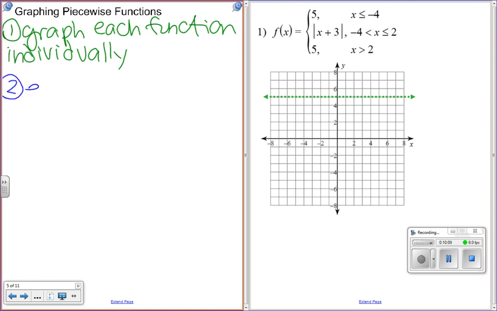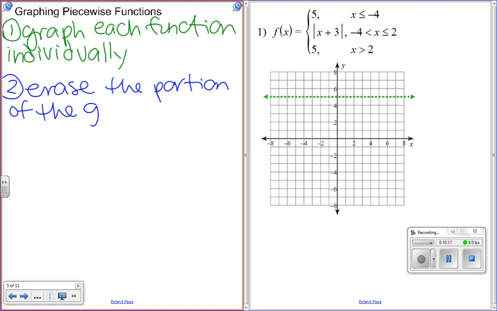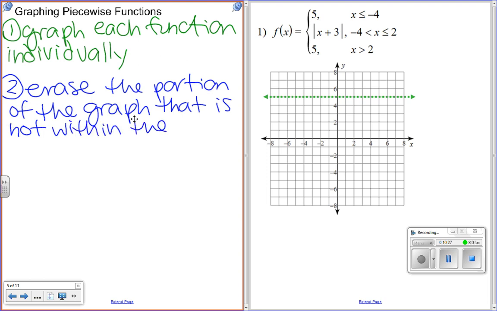You are going to erase the portion of the graph that is not within the restriction, the domain restriction.